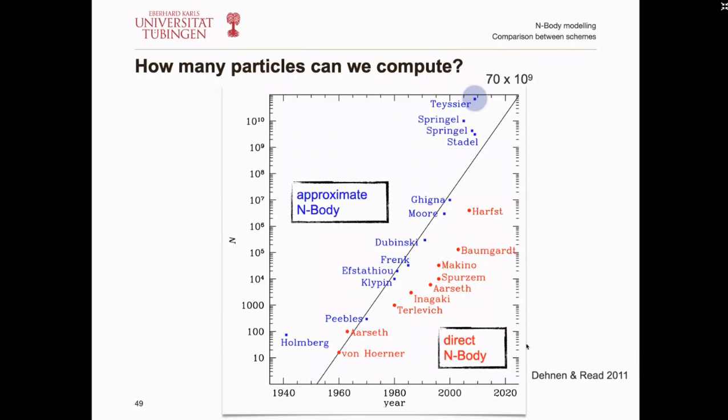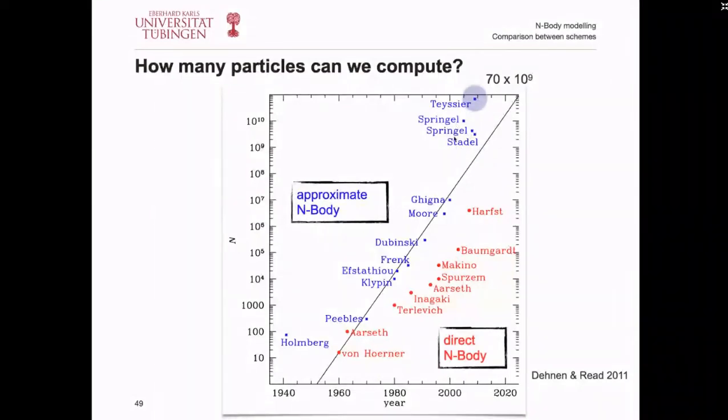And I don't know where we are now. I'm not sure, I have to look it up, but we are now in the range of 10 to the 11 probably, for approximate n-body.